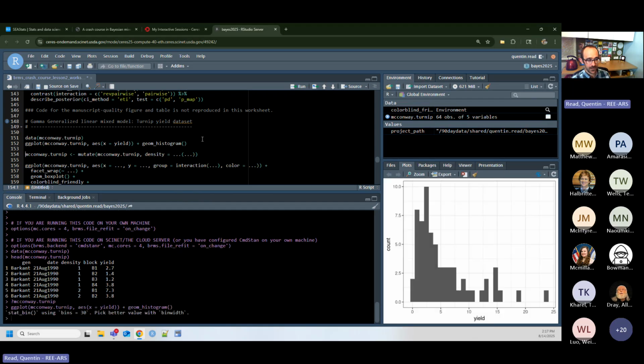So you can see that yield is obviously very skewed. They're all positive, right? There are no negative yields. Some are very near zero, if not exactly zero. They're very close to zero, there's a high peak around 2 or 3, and we go up to 25. But it's not symmetrical.